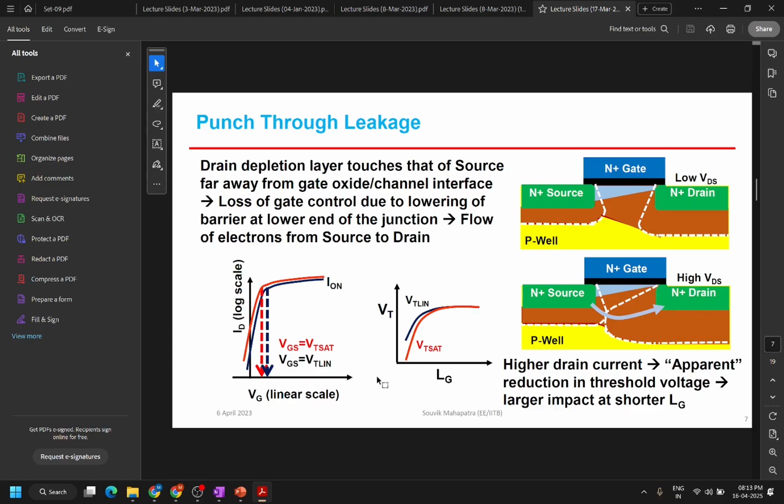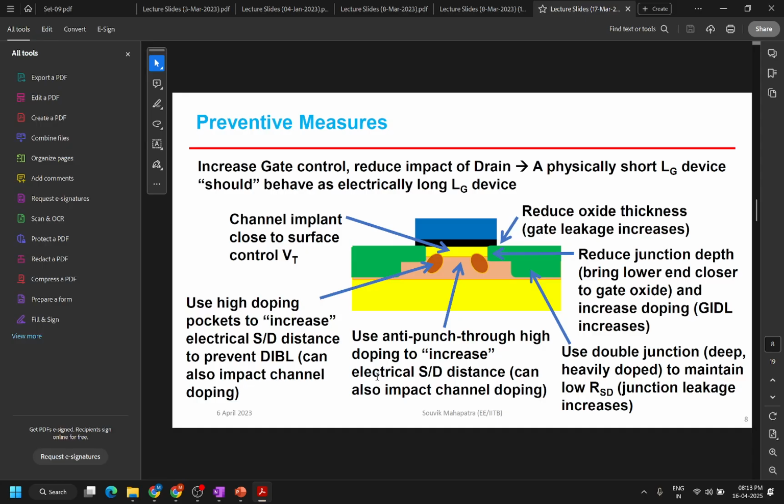So my leakage current will increase, my heating effect will increase, my power consumption will increase. So we don't want my VT to get left shifted. So there are preventive measures that they do.